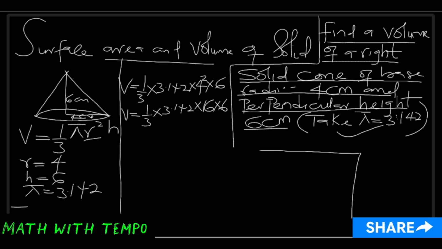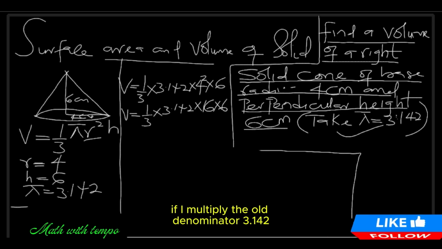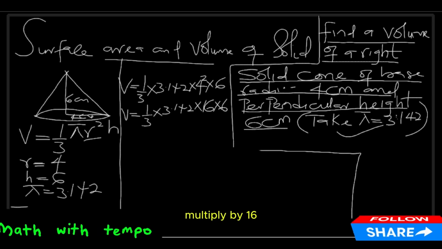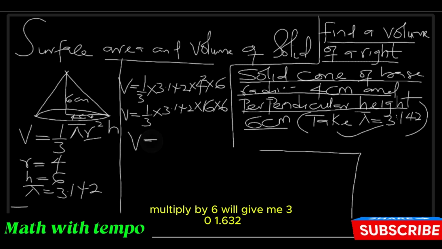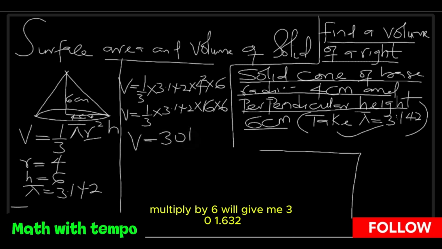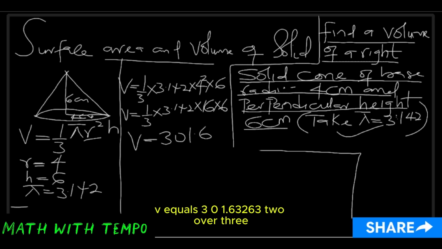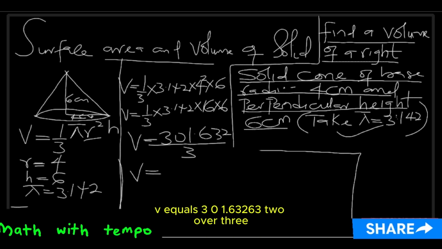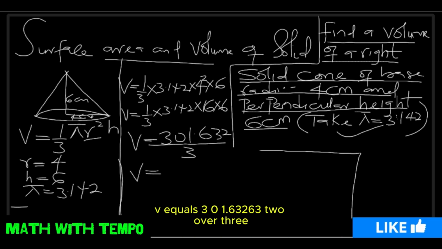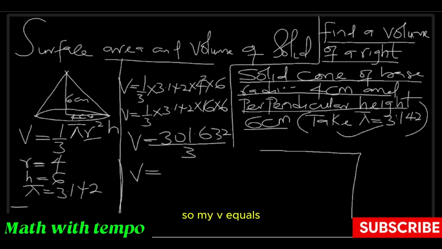So if I multiply the whole numerator, 3.142 multiplied by 16 multiplied by 6 will give me 301.632. V equals 301.632 over 3.